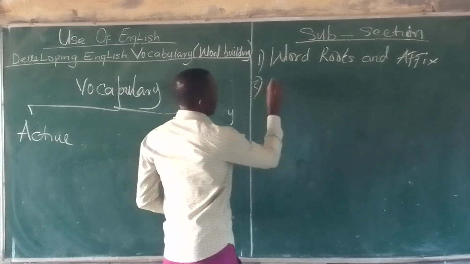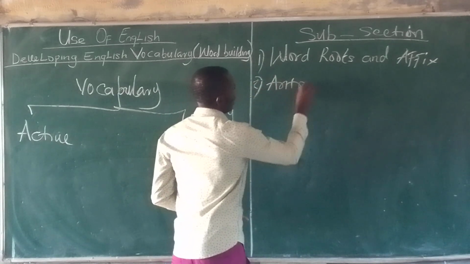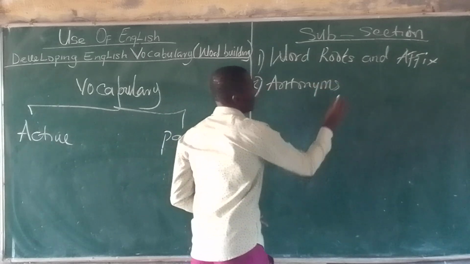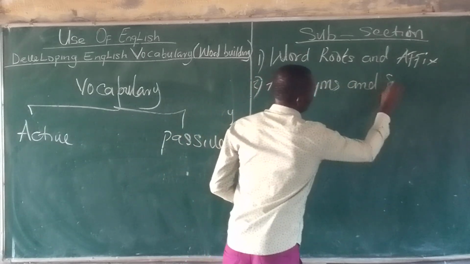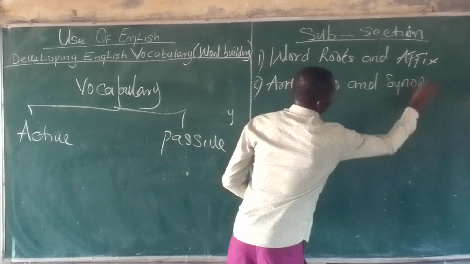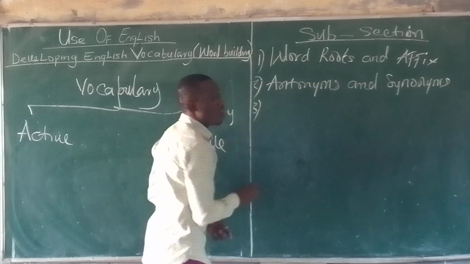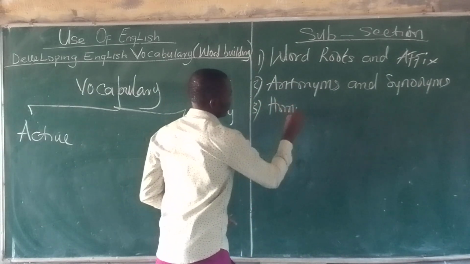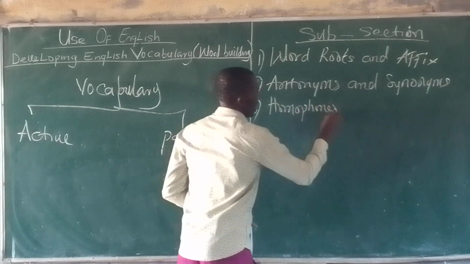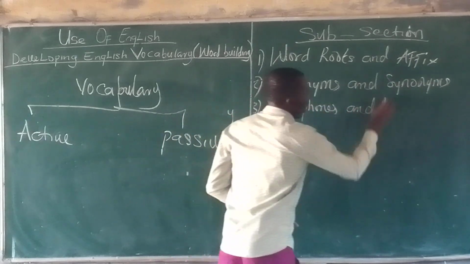Number 2, you look at antonyms and synonyms. Number 3, you look at homophones and homonyms.